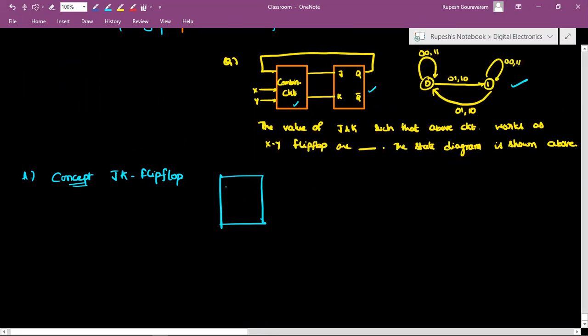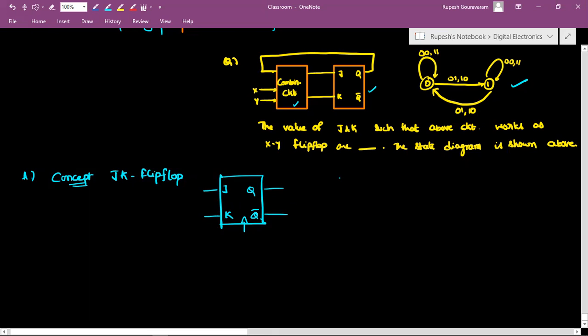See here, the JK flip-flop has J, K, Q, Q bar. Obviously, there will be a clock. J and K are the inputs and Q and Q dash are the outputs.